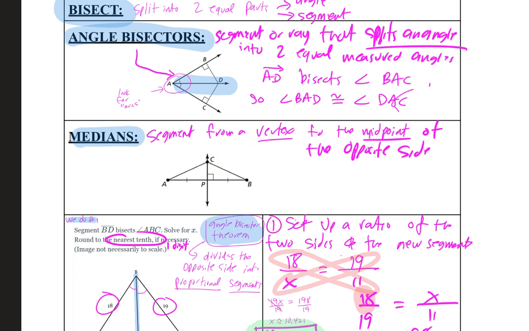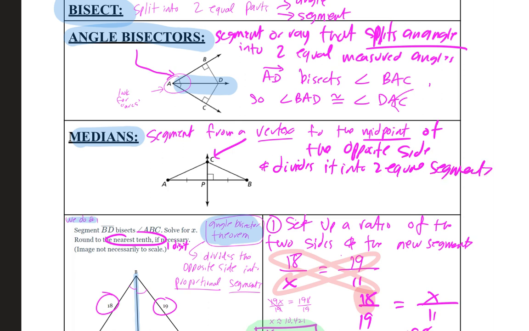We know the vertex is when we have the corner of an angle, and it goes to the other side. So it goes from one to the other, and it divides it into two equal segments.